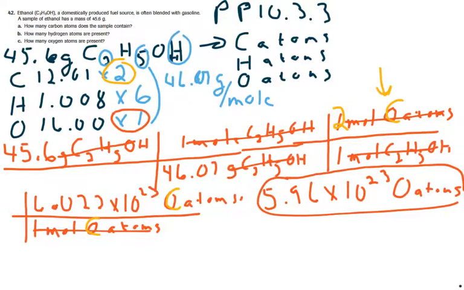So all we really changed is that 1 to 2, so we just need to take this preceding answer we had times 2. So if you still have it on your calculator, all you got to do is hit times 2. And we get 1.19 times 10 to the 24th carbon atoms. If you didn't have it on your calculator, you just retype it in.